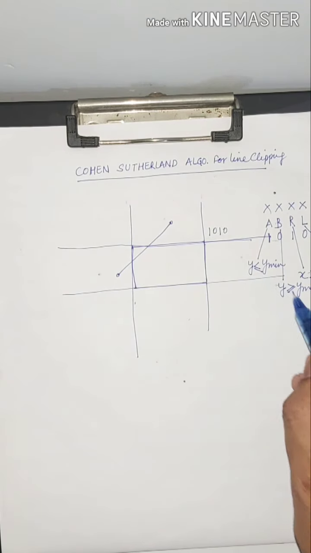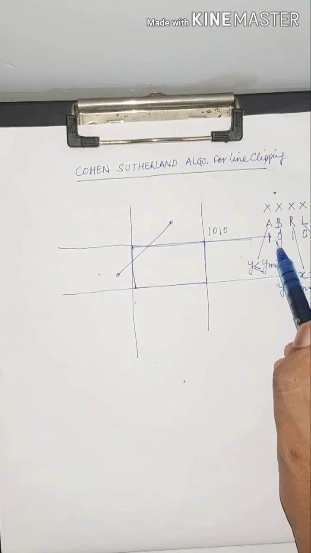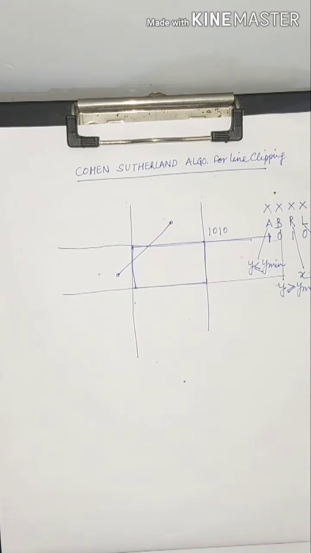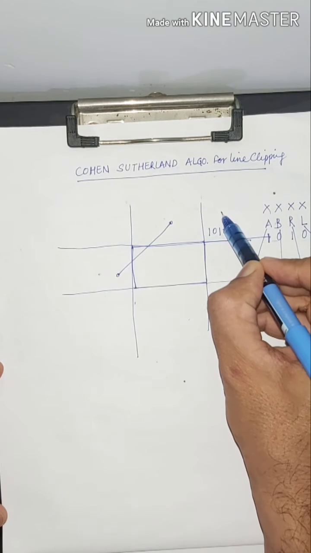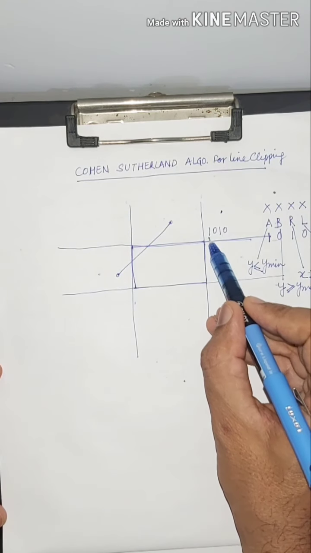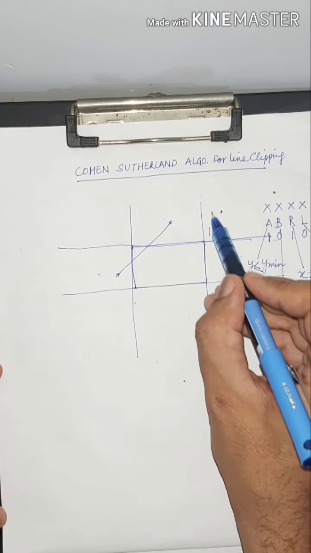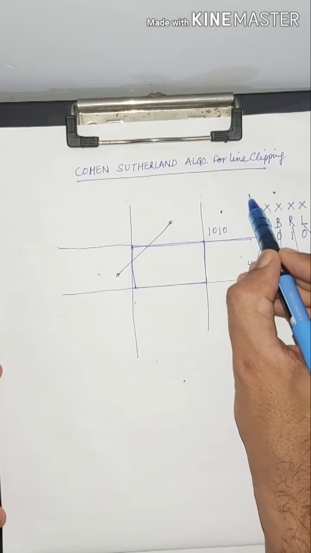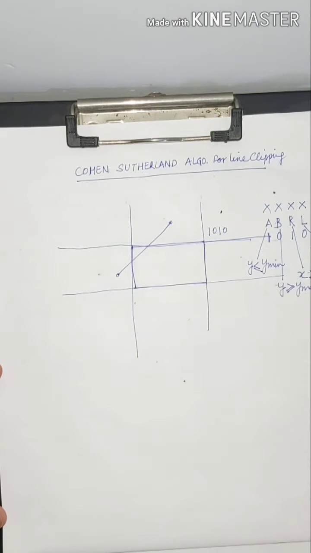So this can be achieved very easily. Using these inequalities, we can calculate the region code for any point. Any point lying in this region will have the code 1010, wherever it may be, here, here, or here, in this region.